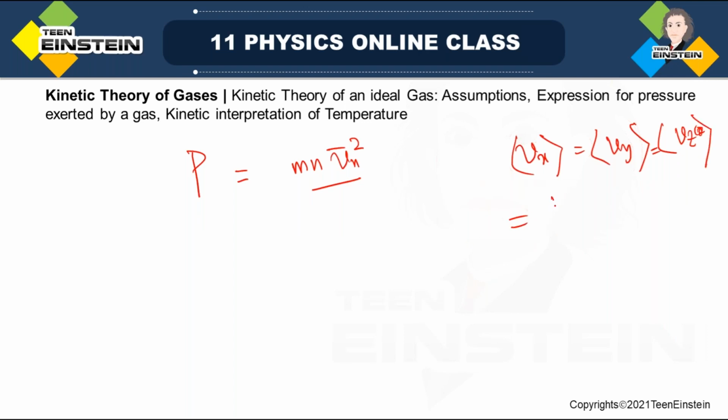Now we can do one thing: we can write this as 1/3 of Vx plus Vy plus Vz. Since it is squared, we can just make this square, so we can write 1/3 v average square.